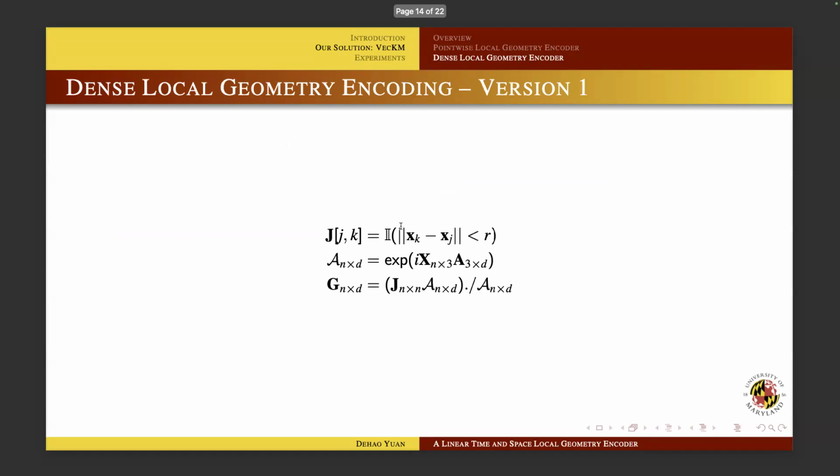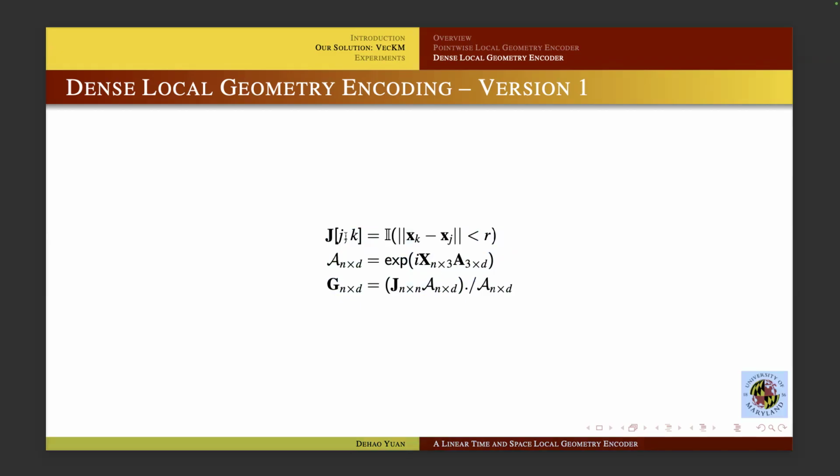So that's the version 1 of our local geometry encoding. We first compute the adjacency matrix, and then we map the point into a d-dimensional space using this formula. Then we multiply J with A, and then element-wise divide by A. So that's the version 1.